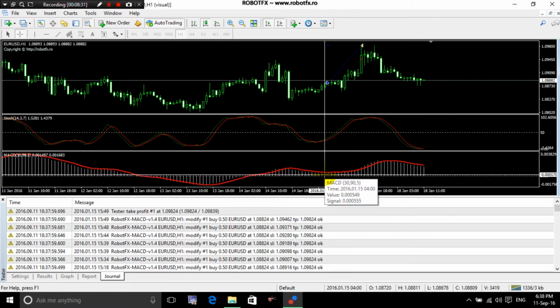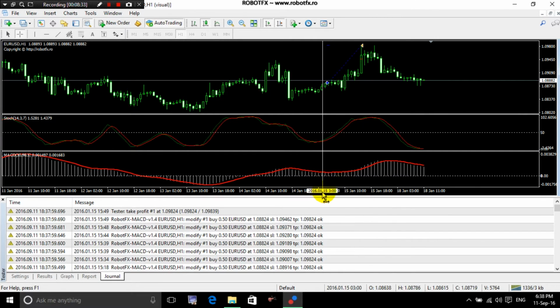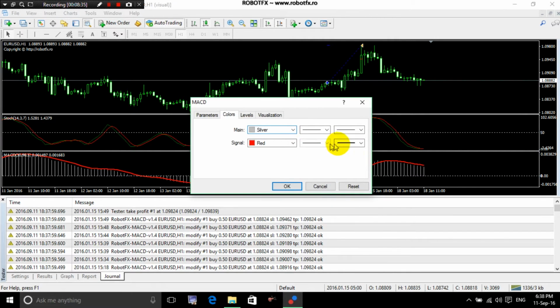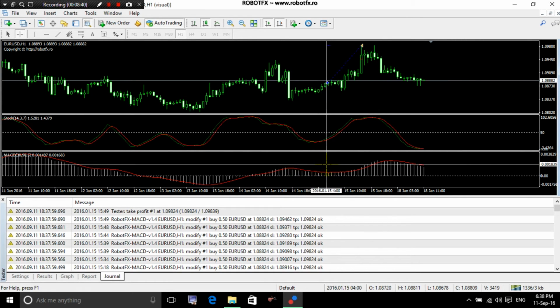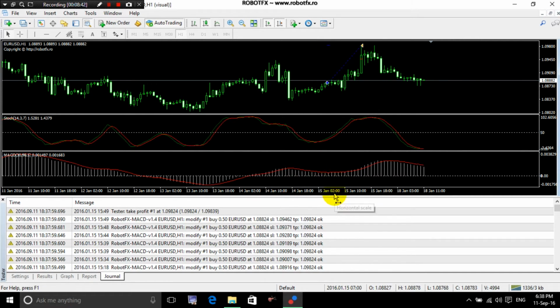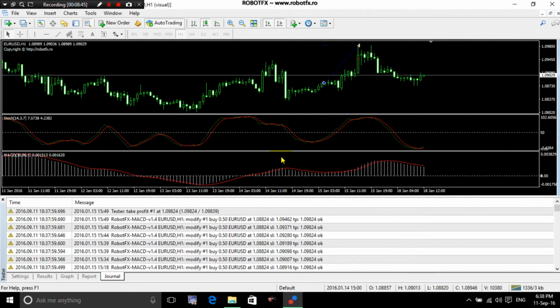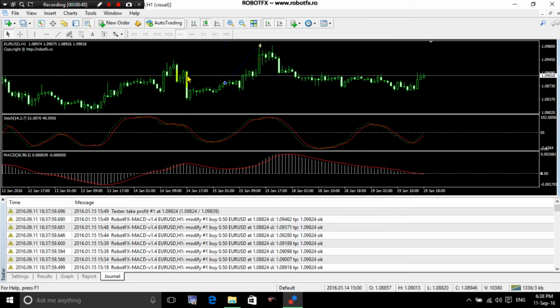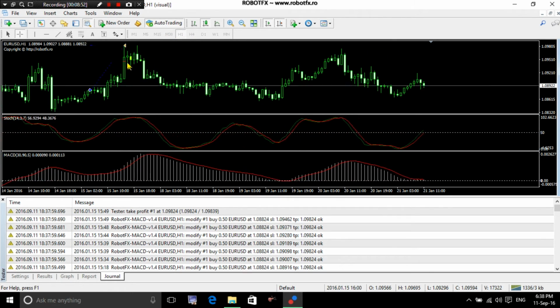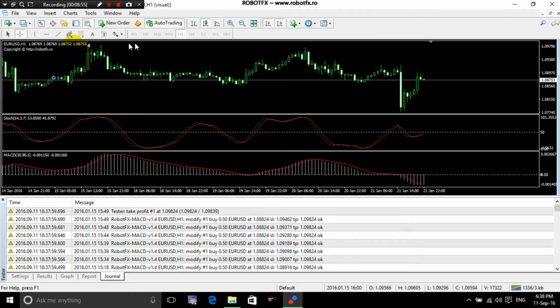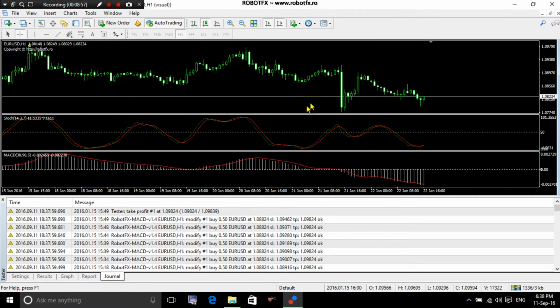Somewhere here, the MACD had a little jump above the signal line. Well, that is hard to see, probably just a very short movement. The good thing is that a trade hit the take profit. It just happened there, the price reversed.